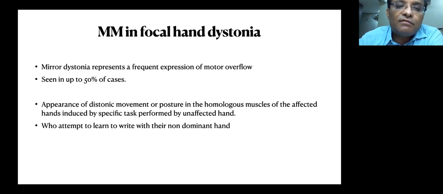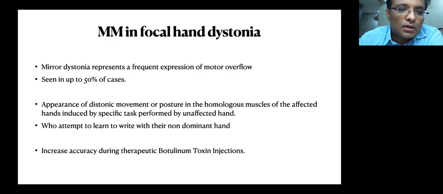So basically, writing with the non-dominant hand will give rise to mirror movements in your dominant writing hand. Why is it important? Because it helps to increase the accuracy while injecting botulinum toxin in writer's cramp patients. So it gives you more sense of accuracy and more confidence while injecting in these patients.